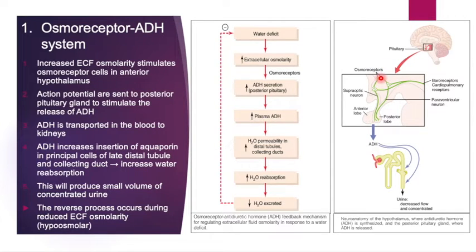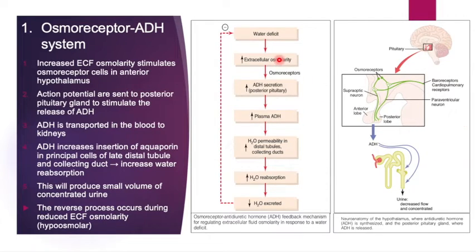The hypothalamus contains two types of neurons that synthesize ADH, which are supraoptic neuron and paraventricular neuron, where both of these neurons have axonal extensions to the posterior pituitary. Once ADH is synthesized, it is transported down the axons of the neurons into the posterior pituitary gland, and it will be stored in vesicles.